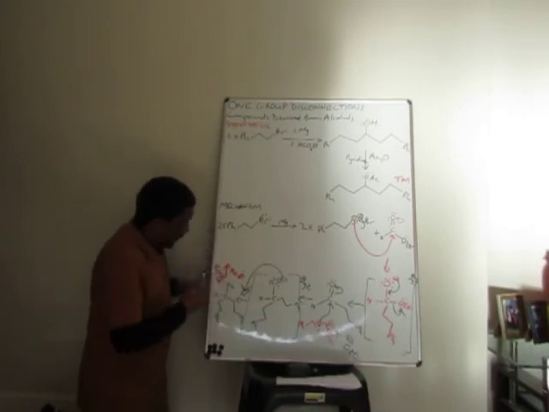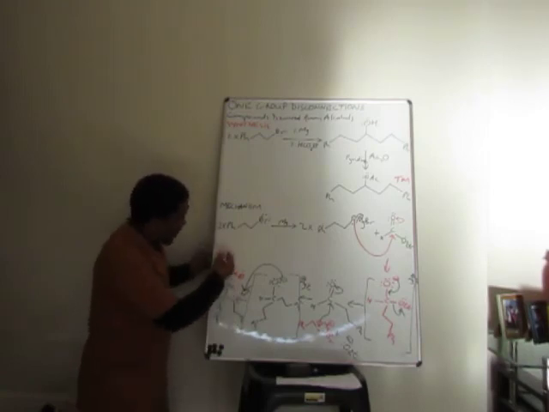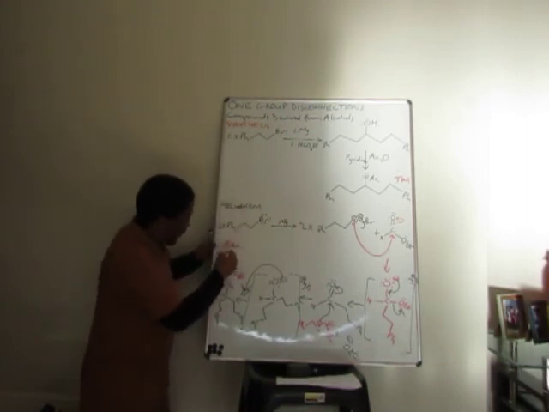Then we convert it. It's a functional group interconversion. We convert that OH now to OAc, bonded to the carbon here.